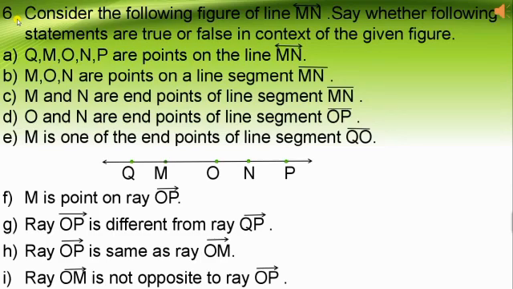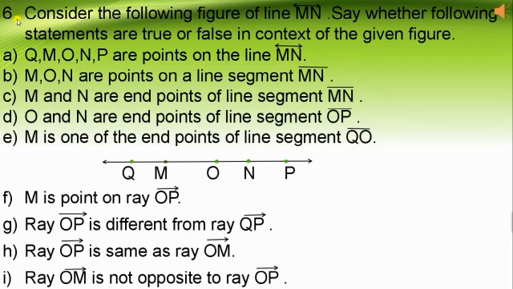Then statement G. Ray OP is different from ray QP. The initial point of ray OP is O and the initial point of ray QP is Q. Therefore, both rays are different. Hence, that statement is true.